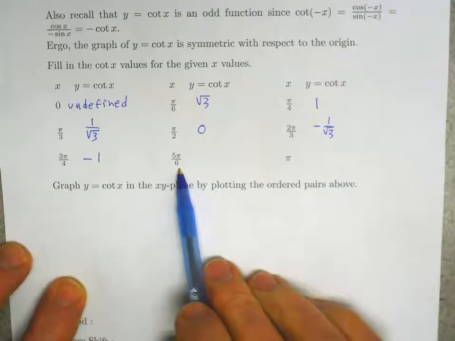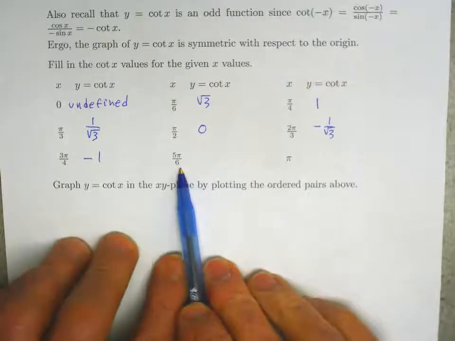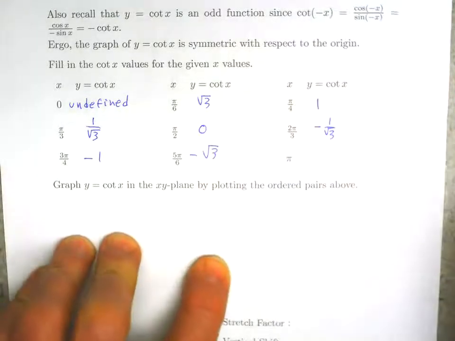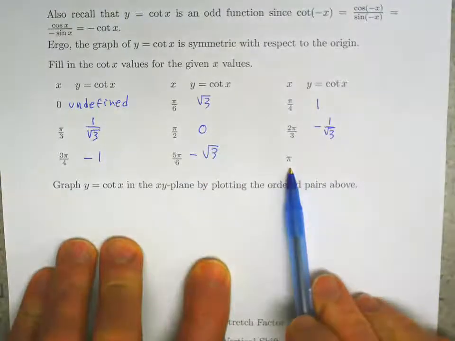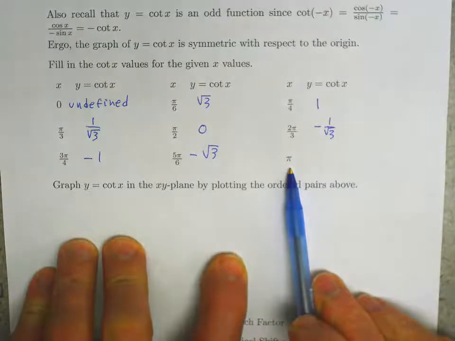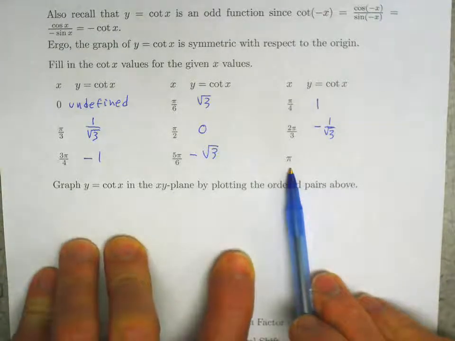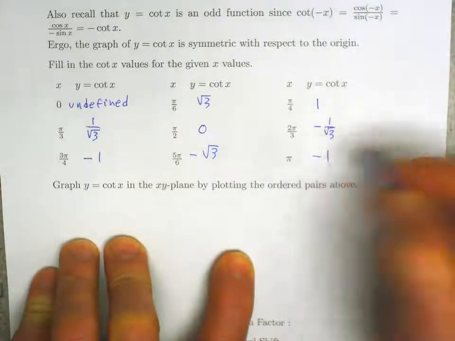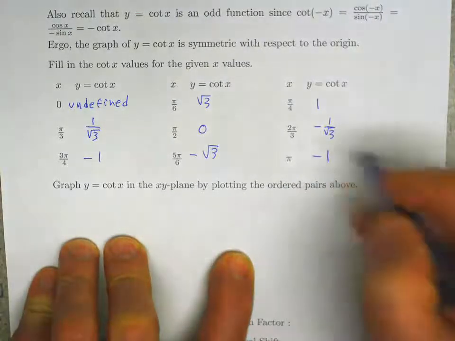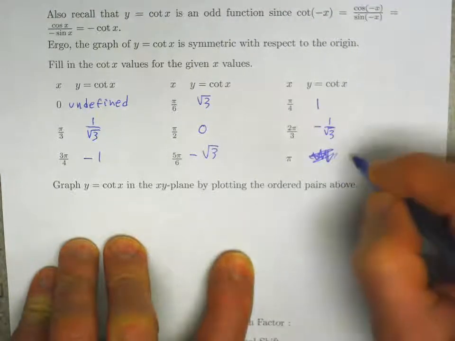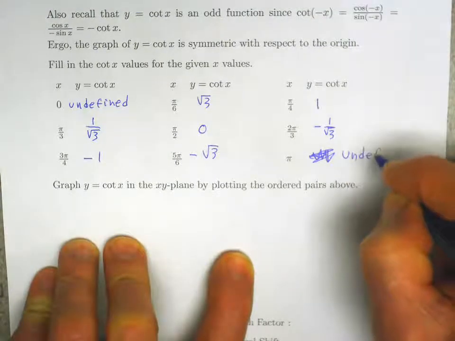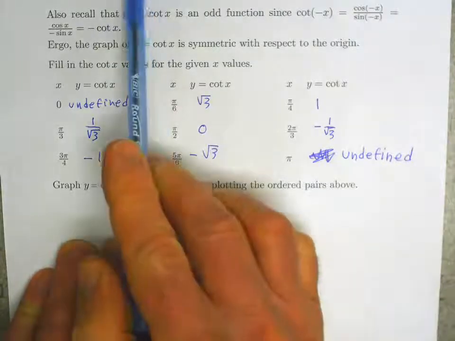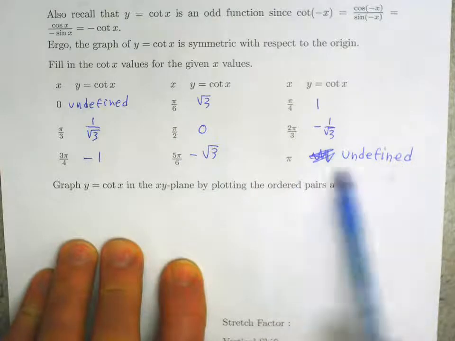And cotangent of 5 pi over 3 is negative square root of 3. And cotangent of pi is, sorry, it's undefined. The denominator, sine of pi, is 0, so division by 0 is undefined.